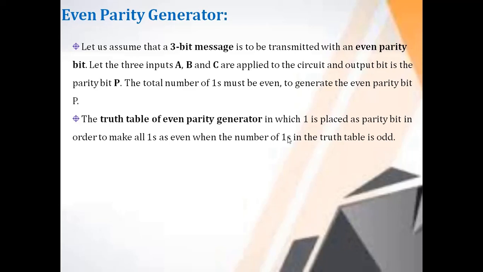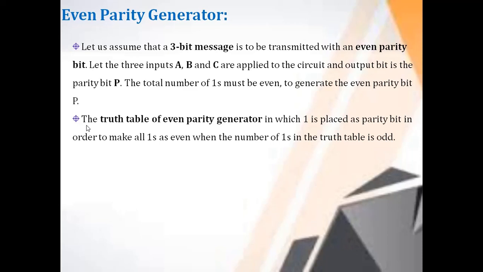The parity bit is denoted by the capital letter P. The total number of ones must be even to generate the even parity bit P. In the truth table of the even parity generator, 1 is placed as the parity bit in order to make the total number of ones even.